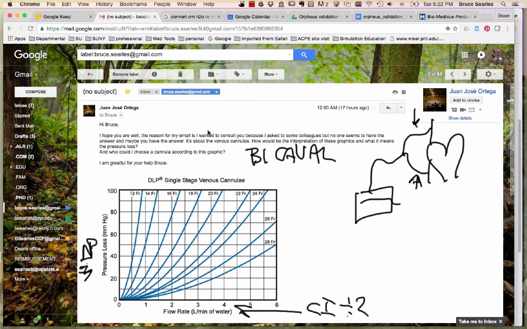So if we remember our patient needed 4.5, let's divide by 2, come back to 2.25, and we need our cannulas to cross that line right there. And if we only have gravity and the average height of the table, then we're going to have about 40. And that means we could probably do this with 2 20s, maybe even a 20 and an 18.